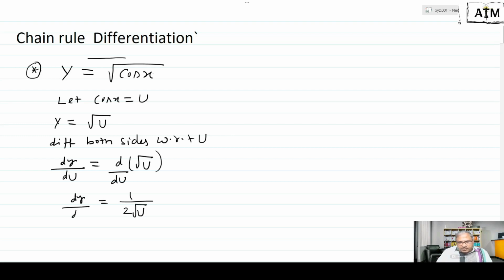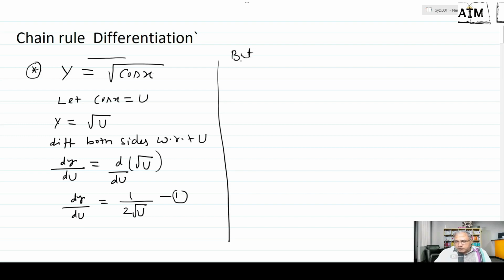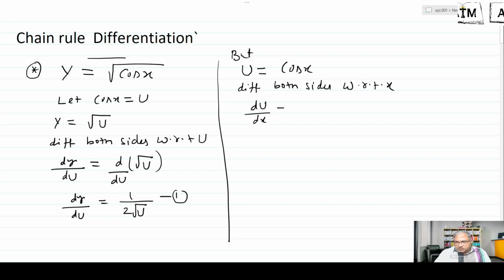Call it equation number 1. And after that, remember this is a turning point that comes after step 1. u equals cos x, then differentiating both sides with respect to x, du by dx equals the differentiation of cos x with respect to x, which equals minus sin x. Then call it equation number 2.